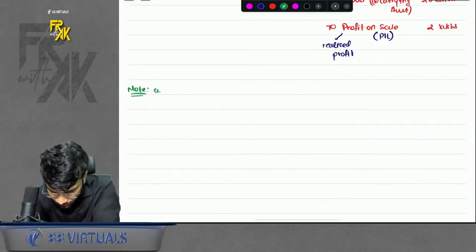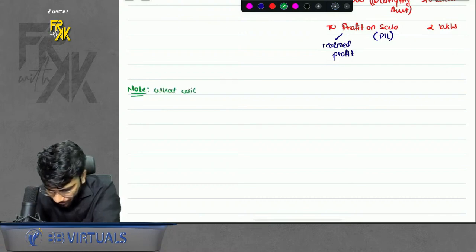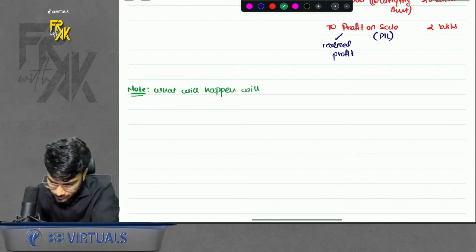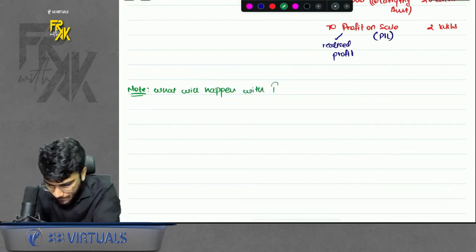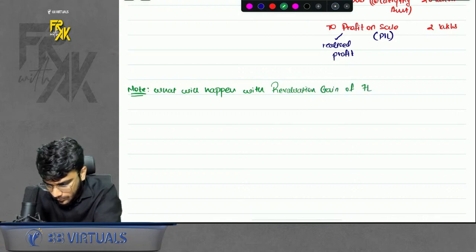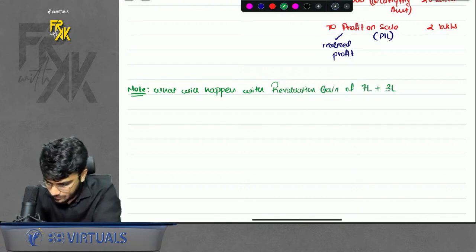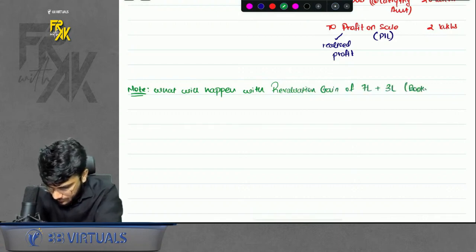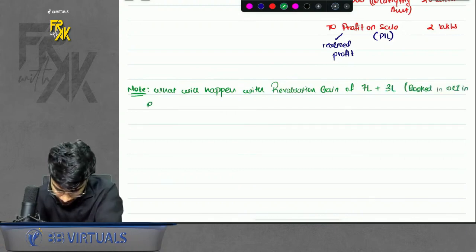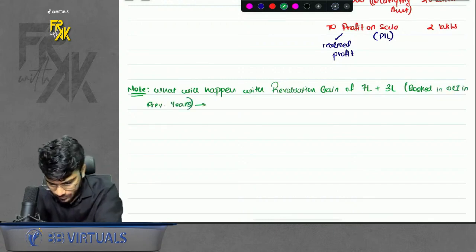Note: what will happen with the revaluation gain of 7 lakhs plus 3 lakhs booked in OCI in previous years?